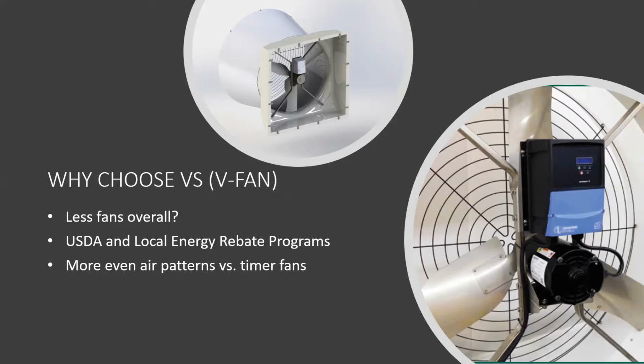Well, you could replace those two 36s with one of our 50-inch fans or one of our 54-inch VFans, and you could just gradually move up or gradually lower the speed of the fan with the VFD control, depending on what the house temperature is. So you save on maintenance costs, because you have one less fan in that scenario, and you can also save on energy, because this fan is more energy efficient than your typical on-off fan.